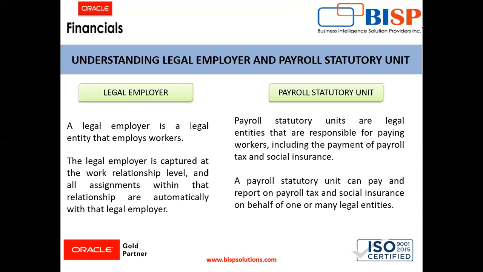However, payroll statutory units are legal entities that are responsible for paying workers, including the payment of payroll taxes and social insurance. A payroll statutory unit can pay and report on payroll tax and social insurance on behalf of one or more legal entities as per the structure design of the enterprise.